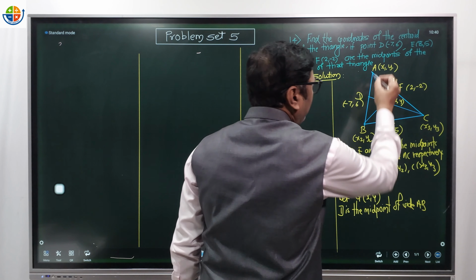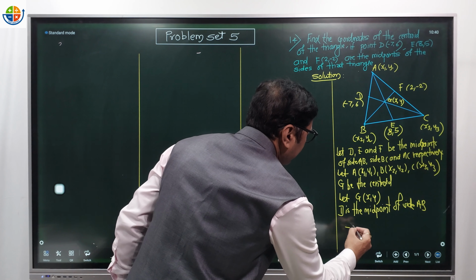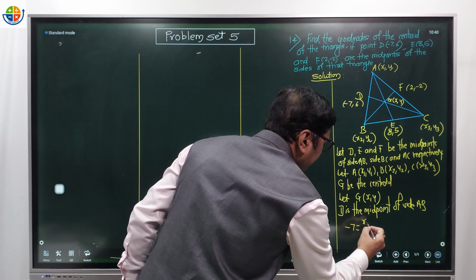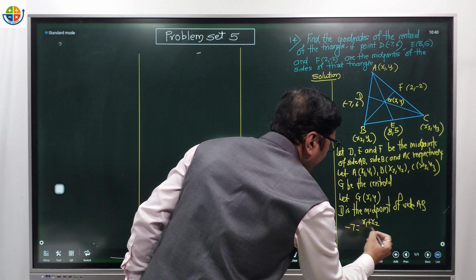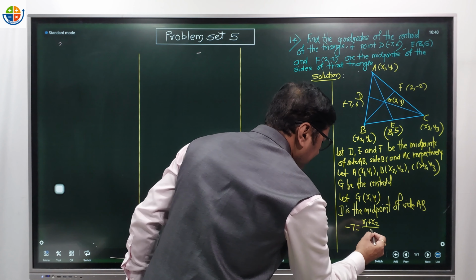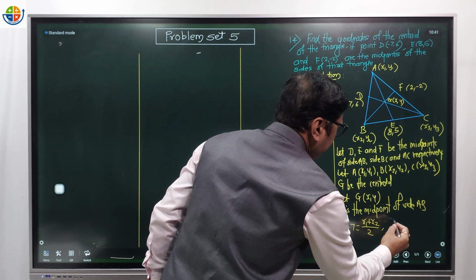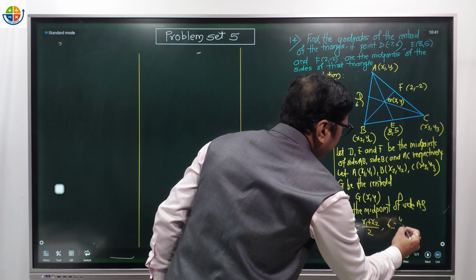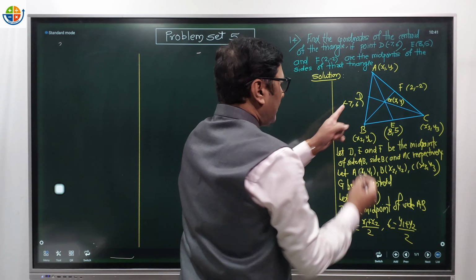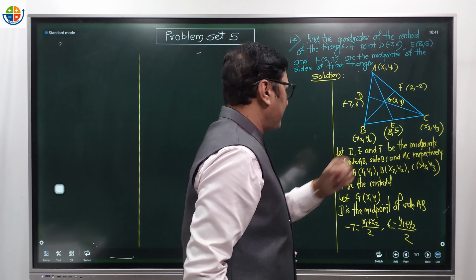Use midpoint formula for finding x1 and x2. See, you know, -7 is equal to x1 plus x2 upon 2 and 6 is equal to y1 plus y2 upon 2.